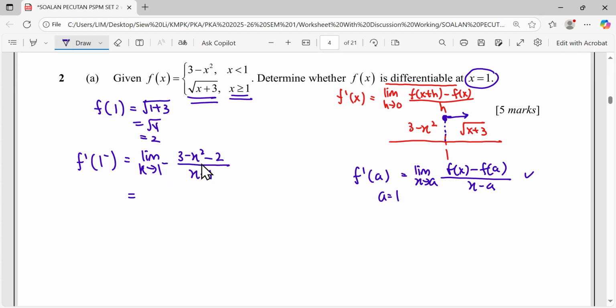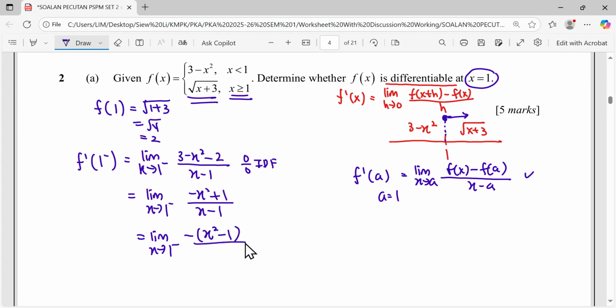So try to evaluate this limit. When we substitute inside, we get 0 over 0, indeterminate form. So what can we do? Yes, factorize. Since we have a quadratic function here, we can factorize. Our quadratic here is 1 minus x squared. When we want to factorize it, make sure you take out negative first, then only can we start to factorize. When you have a squared minus b squared, we factorize as a plus b, a minus b.